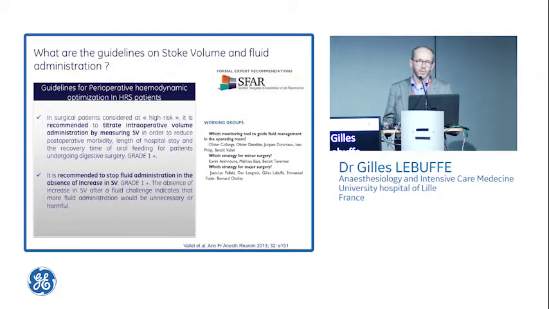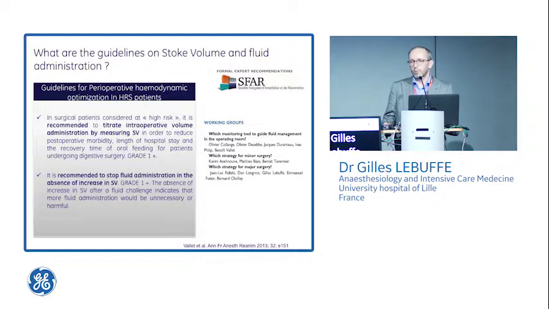Because when you optimize your patient, this is associated with a reduction of postoperative morbidity, length of hospital stay, and the recovery time of oral feeding for patients undergoing digestive surgery. Another recommendation: it is recommended to stop fluid administration in the absence of increased stroke volume, because it's harmful for the patient to provide more and more fluid.